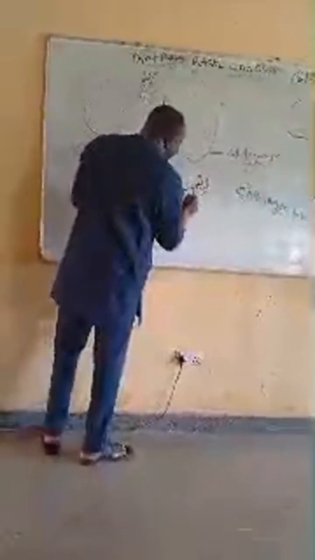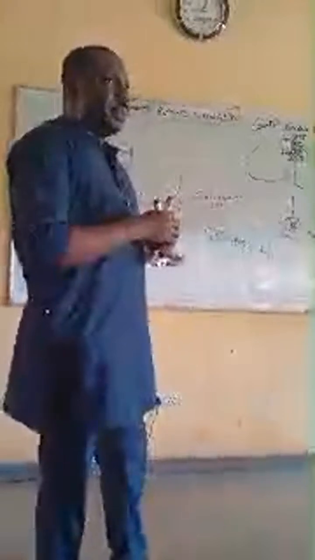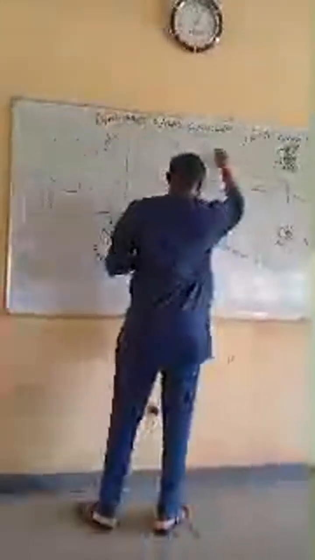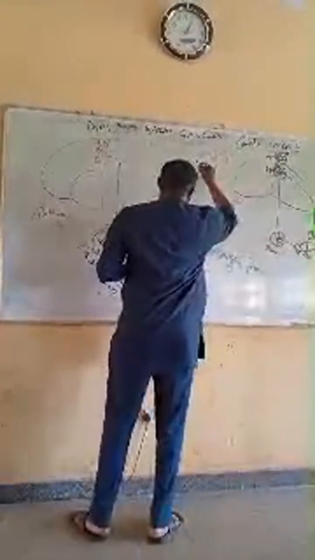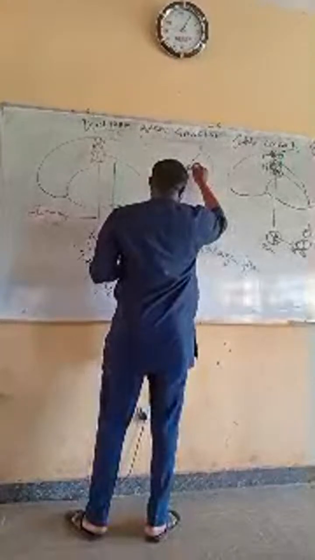You know glutamate. Glutamate is an excitatory what? Neurotransmitter. What does it do? For instance, now this is a neuron, right? In this neuron, let's say this is an ion channel.